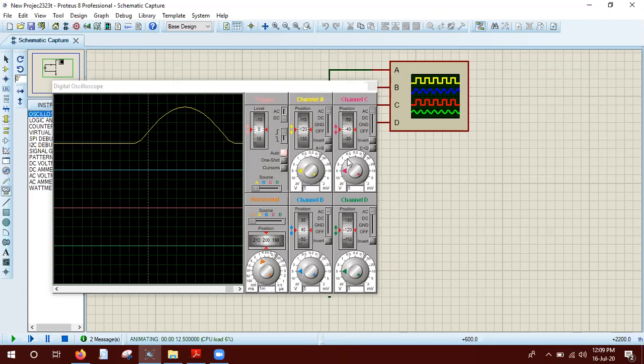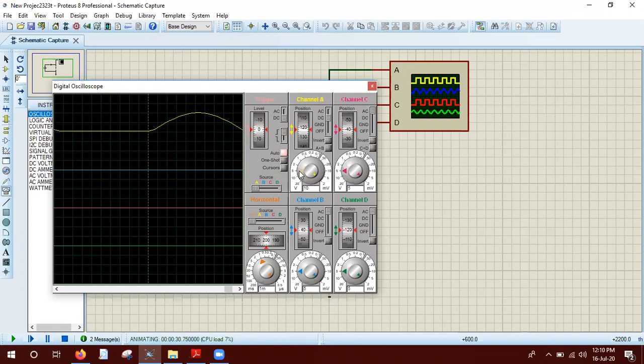If you know one channel, everything is similar. First of all, make it DC, because the output is DC. Remember, the output we are getting is DC. So we made it DC. We can change the position from here, and the duration position from here, and the amplitude.